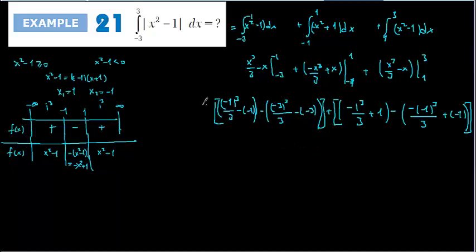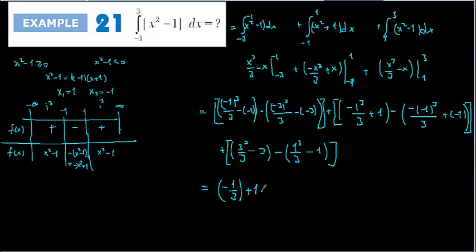Okay, the last one is plus 3 cubed over 3 minus 3, minus, 1 cubed over 3 minus 1 it should be. Okay, if we find the terms, what are they here? This is going to be minus 1 over 3 plus 1.